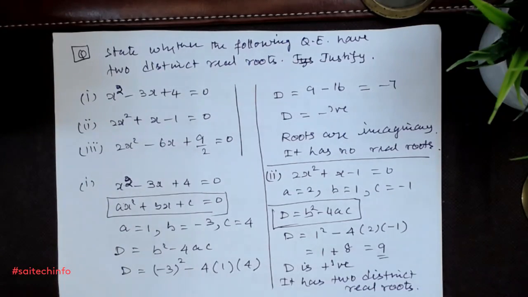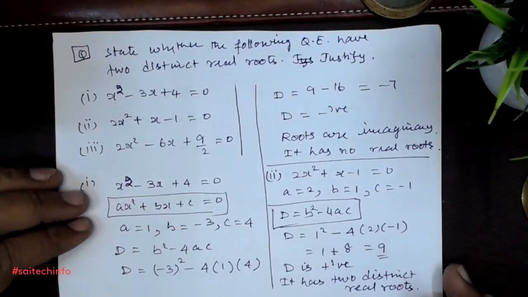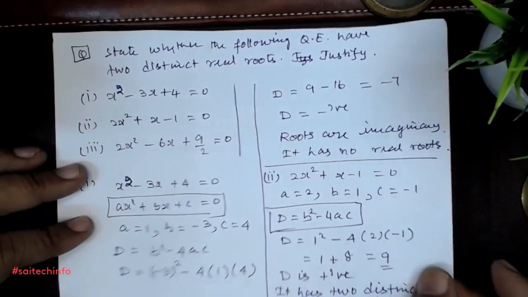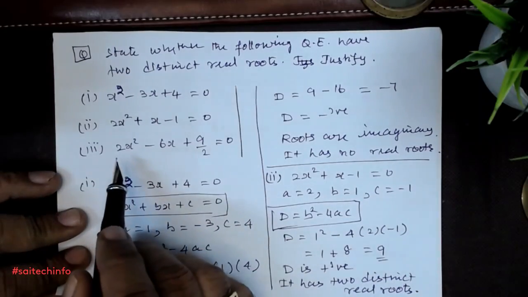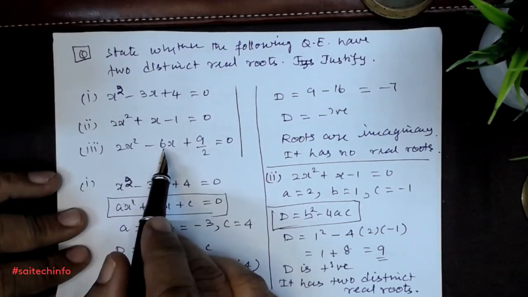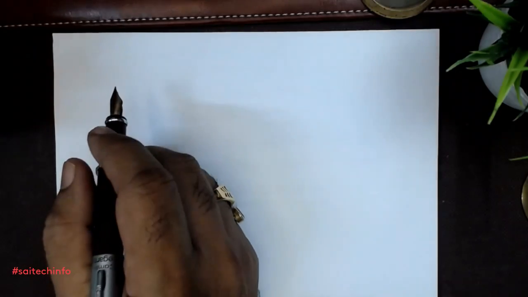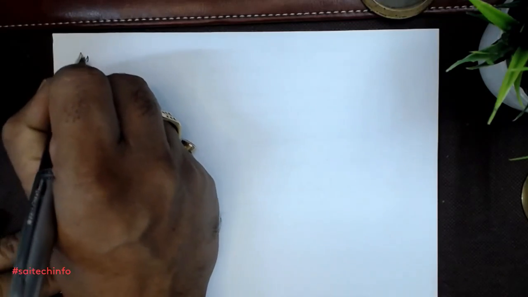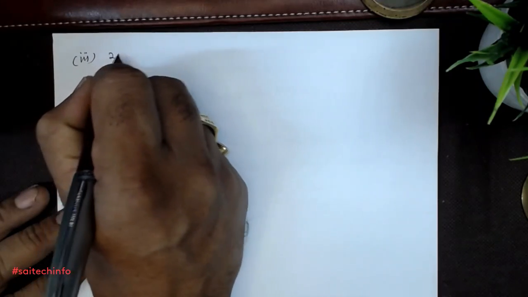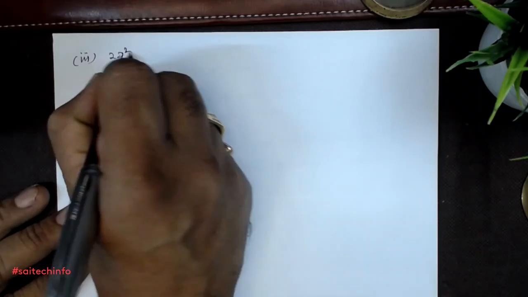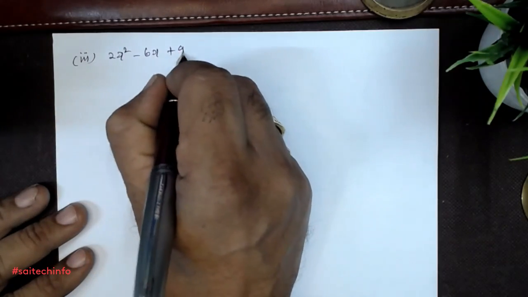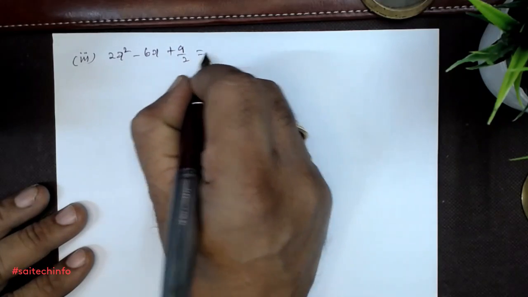Right. Now let us move on to the next problem. Take down the third one. 2x squared minus 6x plus 9 by 2 is equal to 0.